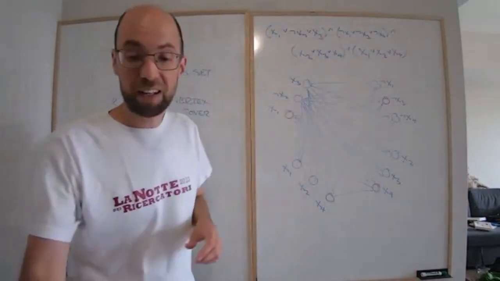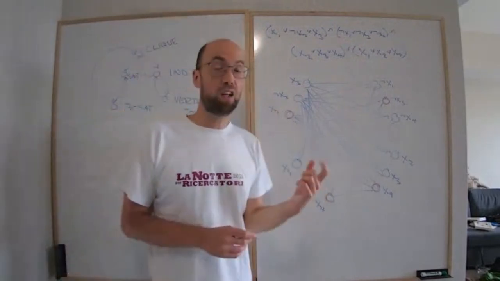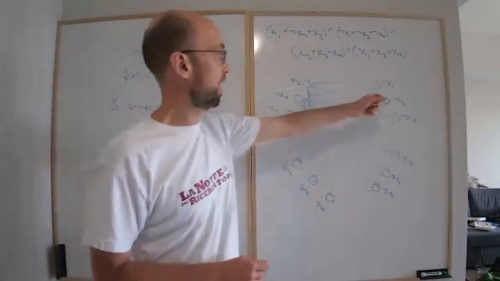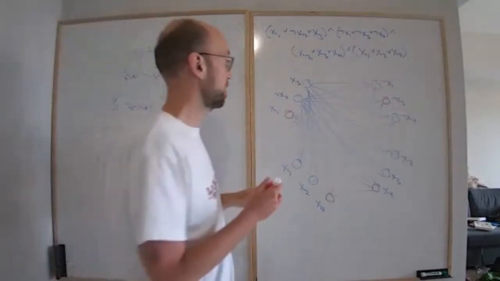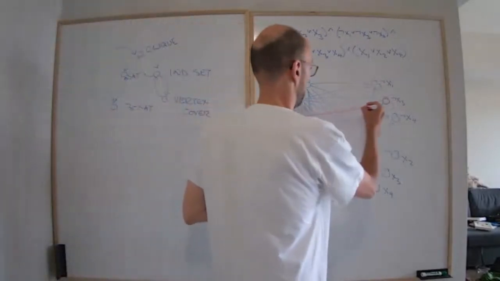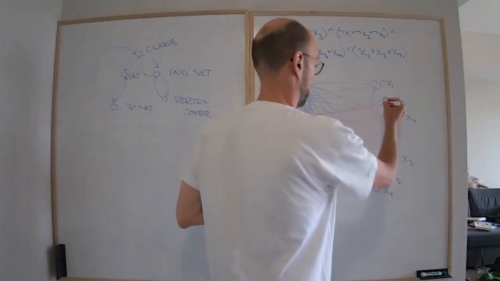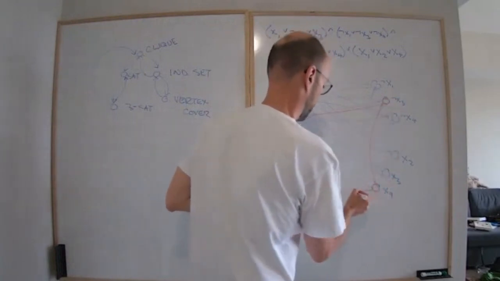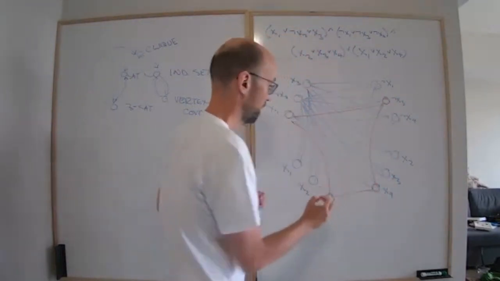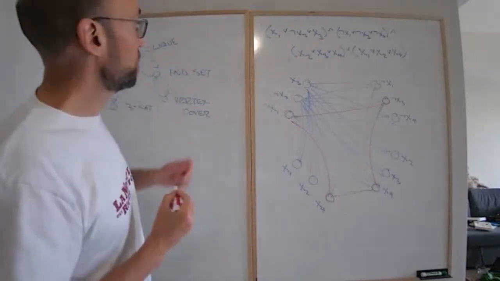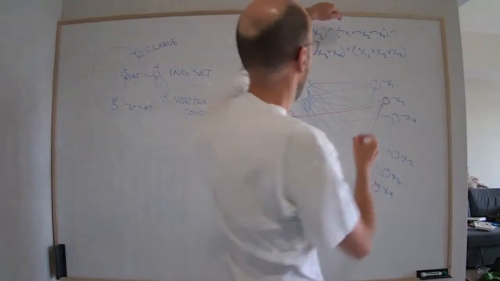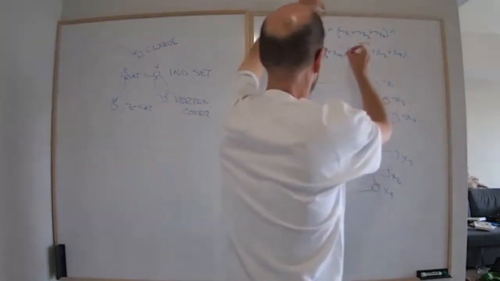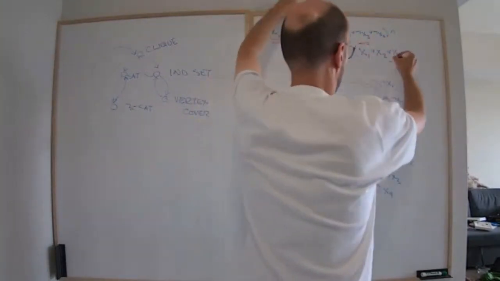And I'm not setting anything inconsistent. I'm not getting not x3 and x3 at the same time. So there is this clique. These are consistent. And lo and behold, that means I get x1 and not x3 and x4.